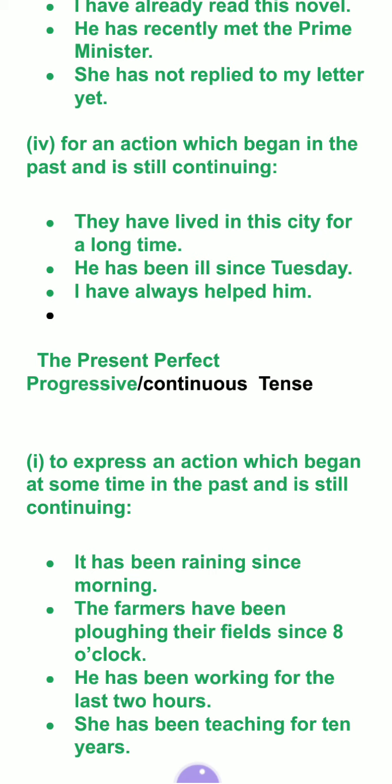He has been ill since Tuesday. So this is the present perfect, means he was ill yesterday, and he is ill today also. So this kind of expression is used in present perfect tense. This is a very important use. One more use is of present perfect continuous tense, which we will come to know later.